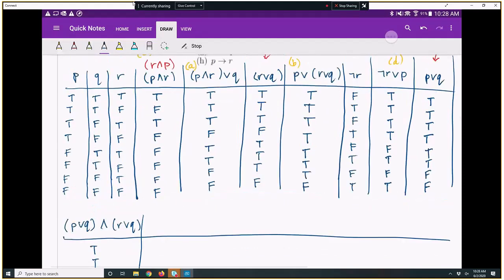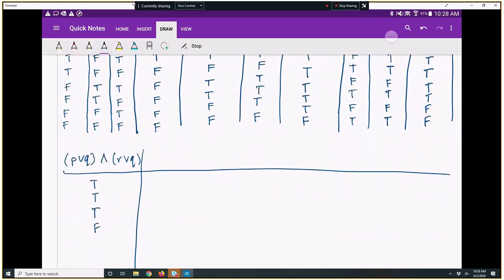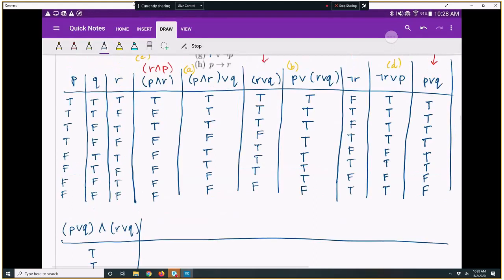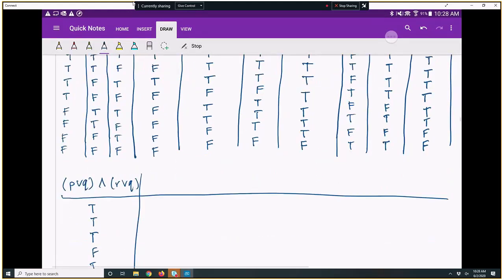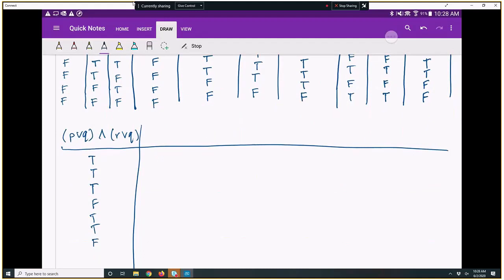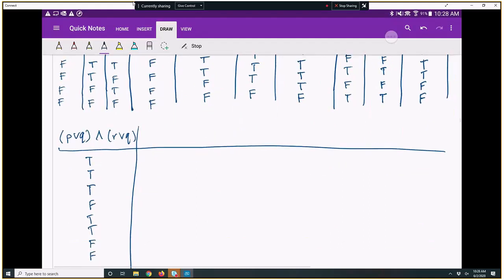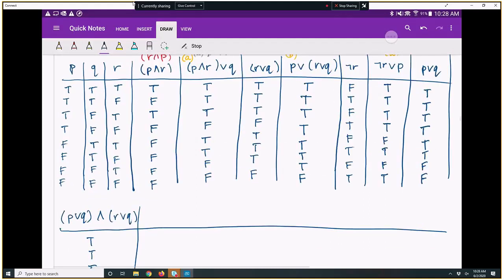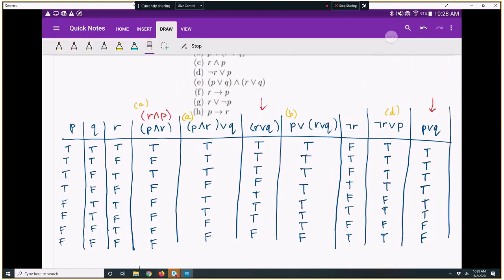Then I have true and true, true and true. The last two rows are true and false, false and false. So these are false and false respectively. And that is E.